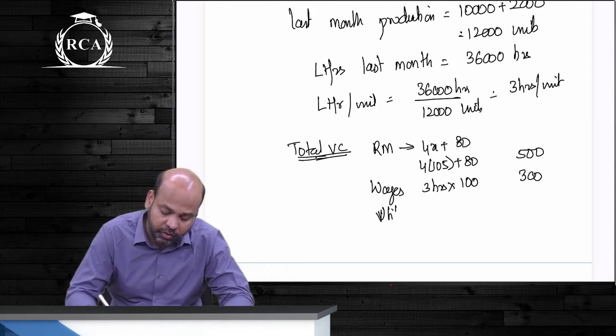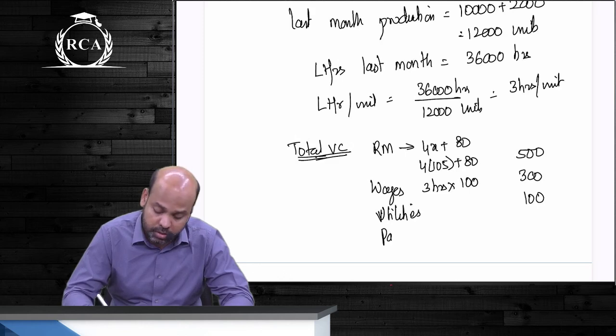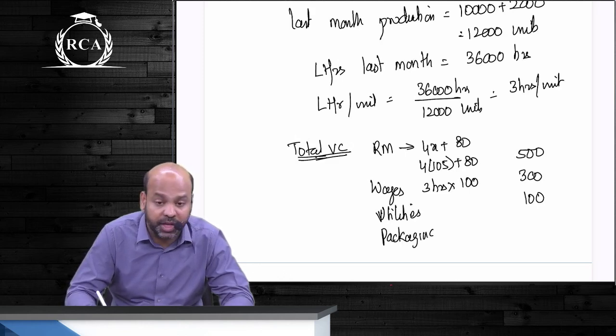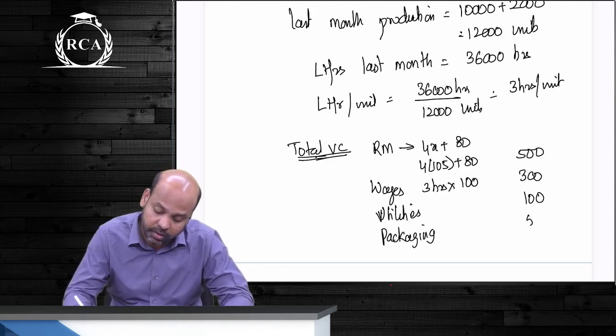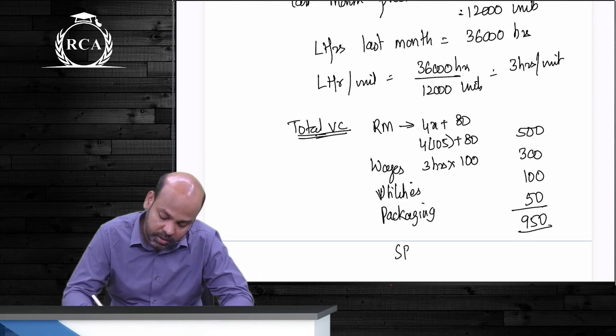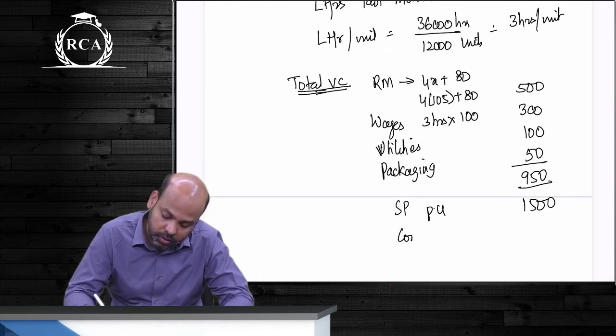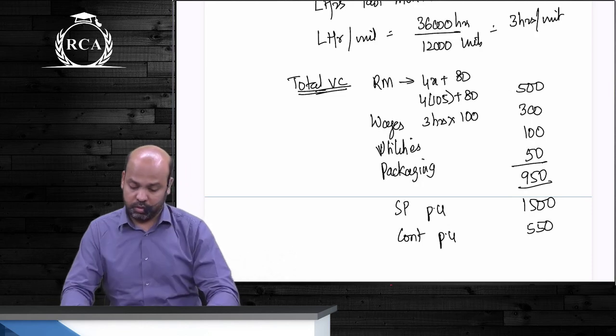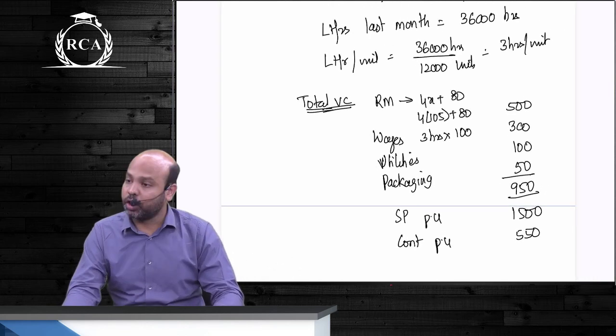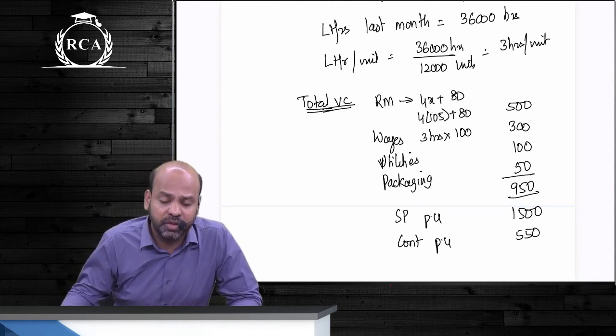Utilities cost, how much is it? 100. Packaging is also per unit, so that is variable cost only. How much is that all put together? What was the selling price? 1500. Contribution per unit is 550. This is the answer to the first bit.